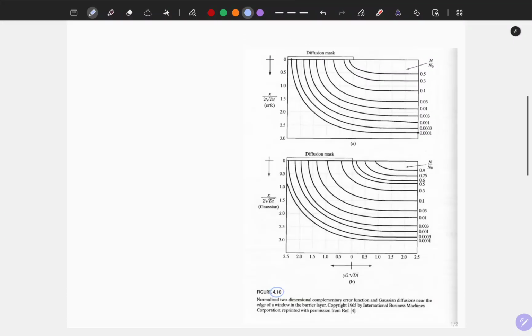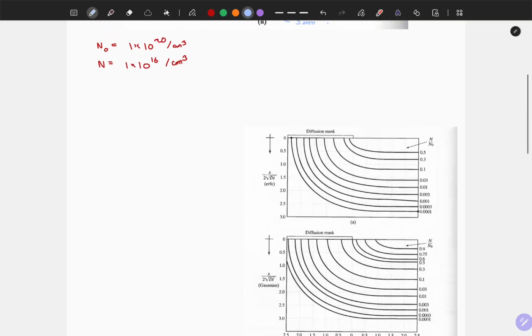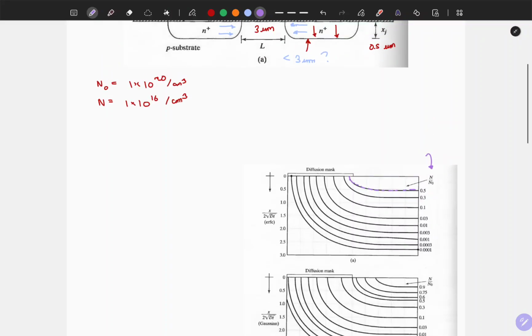Figure 4.10. This figure relates the lateral to the vertical depth based on the differences in concentration. For example, if the concentration N over N naught is, let's say, 0.5, in which case the concentration on the surface is just 2 times, so just barely diffusing more.